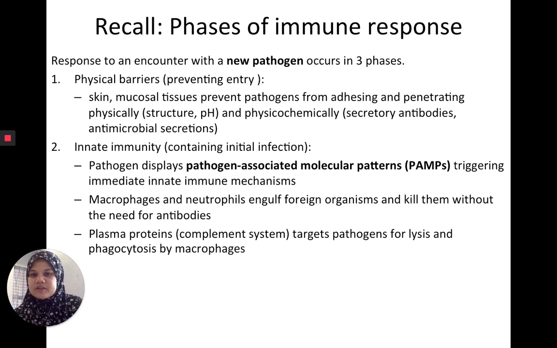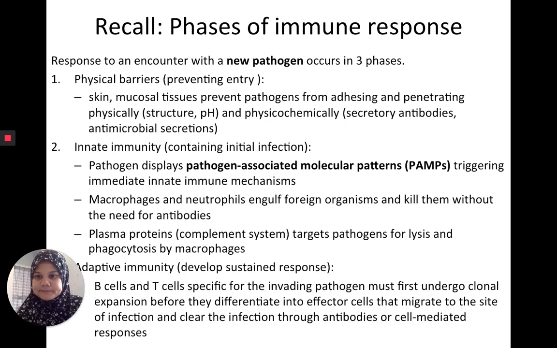They're basically macrophages and neutrophils that will usually engulf, phagocytose, the foreign organisms and then kill them. That's their mechanism: they'll just eat it up, and then kill it. You'll also have some plasma proteins called the complement system. They also target the pathogens to lyse them and enable the macrophages to gobble them up.